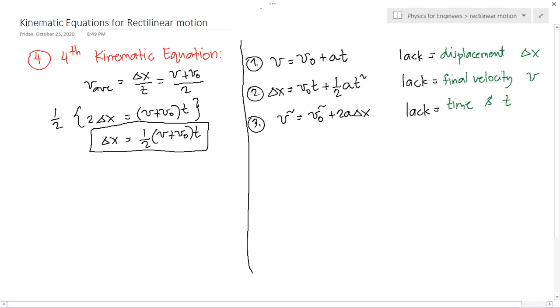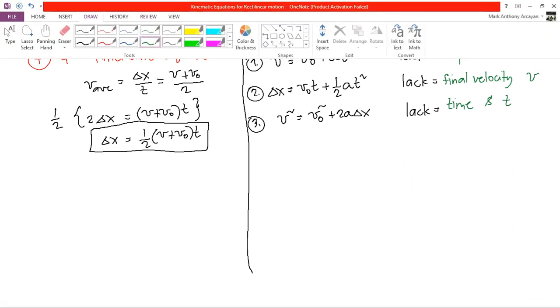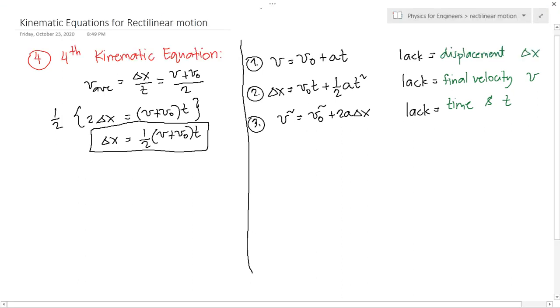Then for the fourth kinematic equation, we have this one. Delta x equals 1/2 times v plus v naught times t.